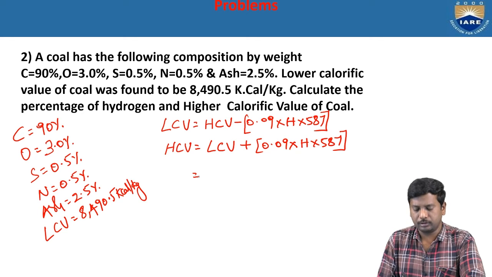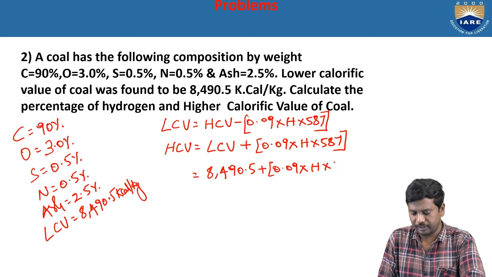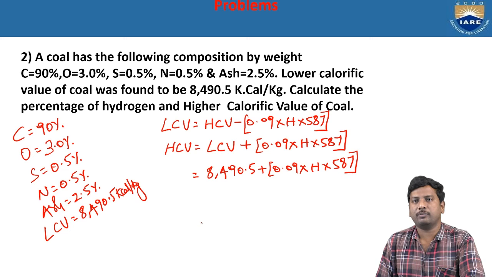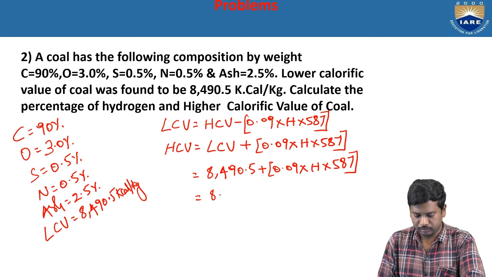Now we substitute the value of LCV from the given data. So what is the value? 8,490.5 plus 0.09 into hydrogen into 587. Why? Because they want the percentage of hydrogen, that's why we don't have the value of hydrogen in the given data.